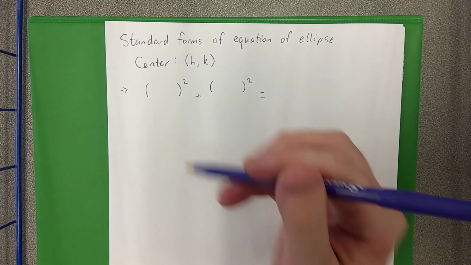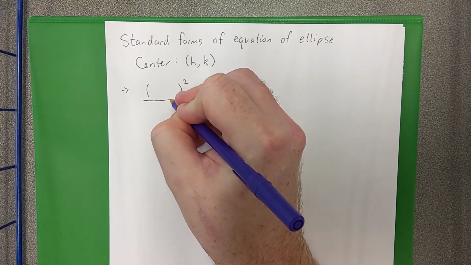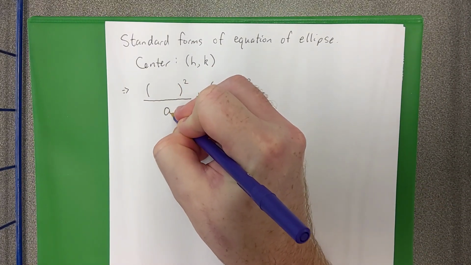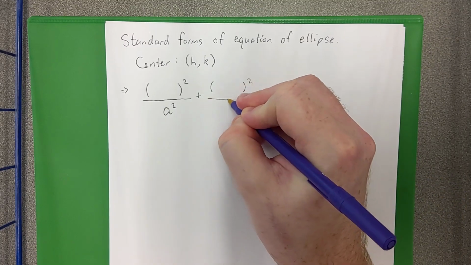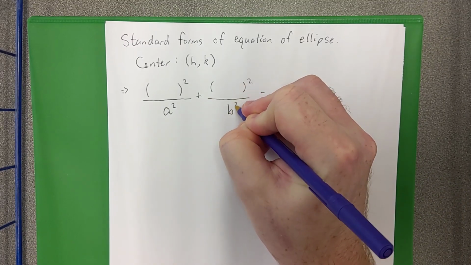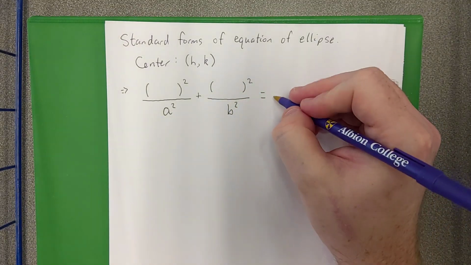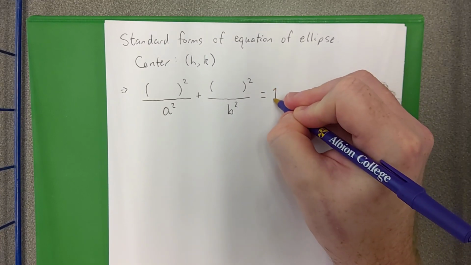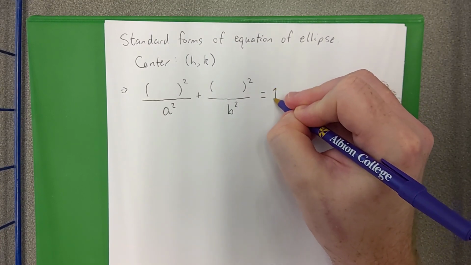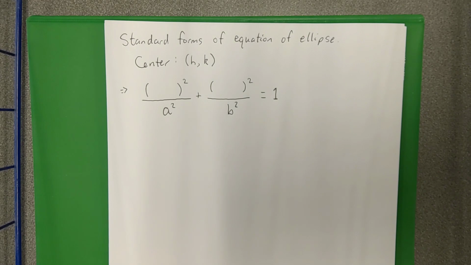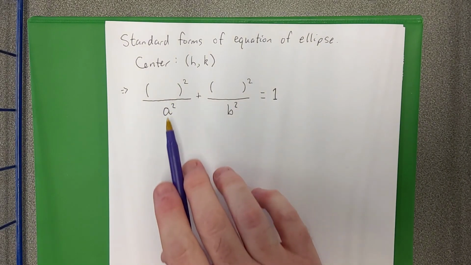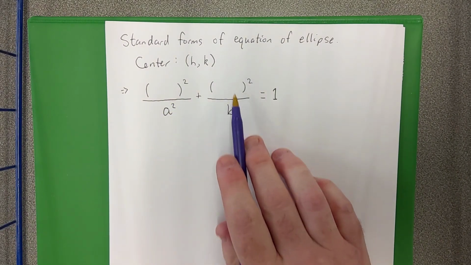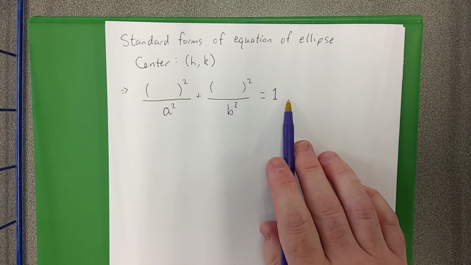However, because we don't have that nice uniform radius like we did for the circle, we're going to see a little bit of alteration in that regard. Now again, there is a proof for this that requires a great deal of algebra that we're not going to go through in this video. But we will see something squared over a squared plus something else squared over b squared is equal to 1.